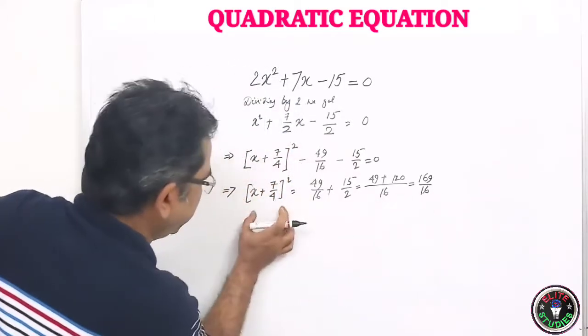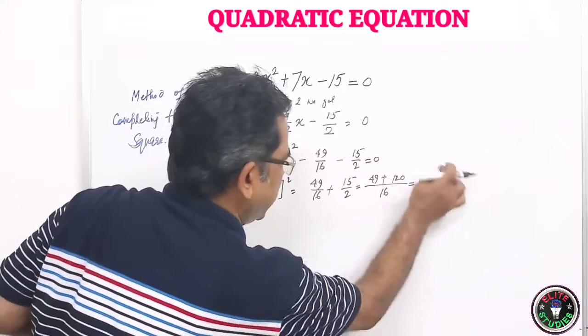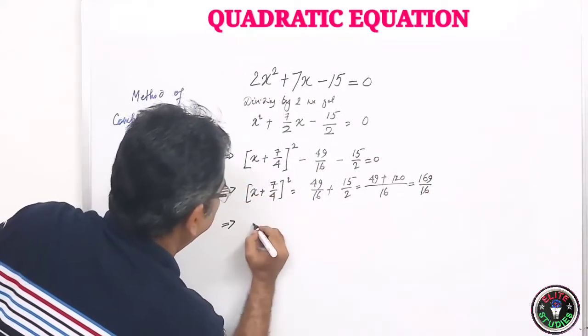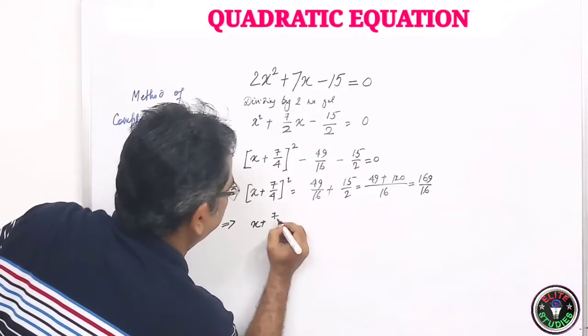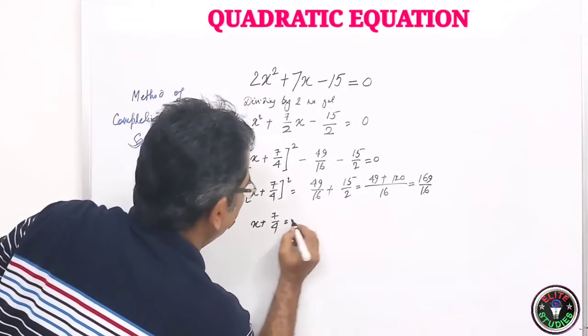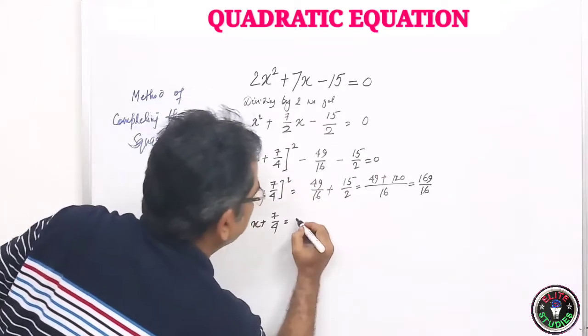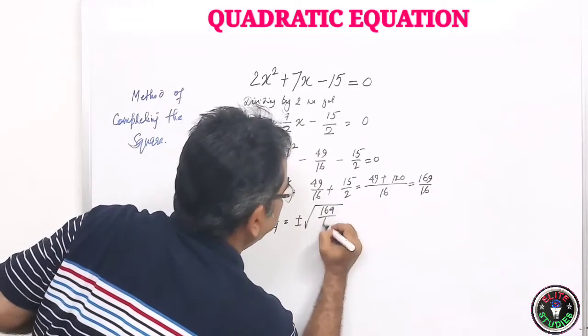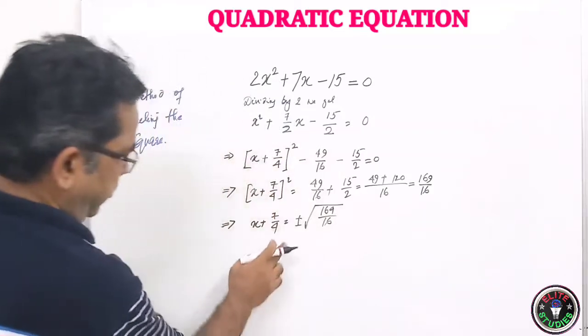Therefore x plus 7 by 4, if you remove this square, will become plus minus root over 169 by 16. Have you got it?